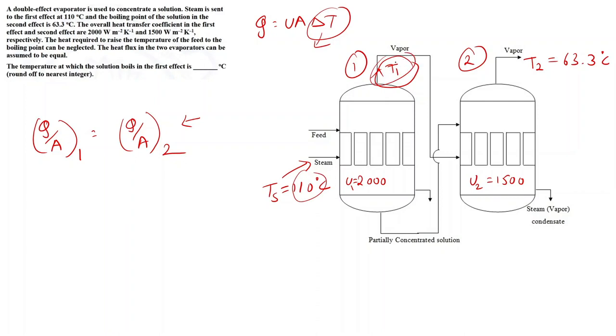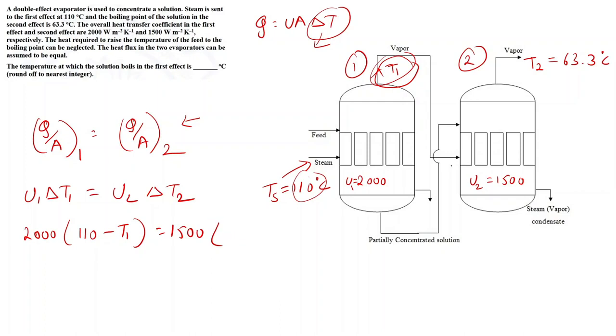Similarly for the second, this vapor is going into the inlet stream, so delta T2 would be T1 minus T2. So we write U1 delta T1 is equal to U2 delta T2. U1 is 2000, delta T1 is 110 minus T1, and similarly 1500 into delta T2, which is T1 minus T2.